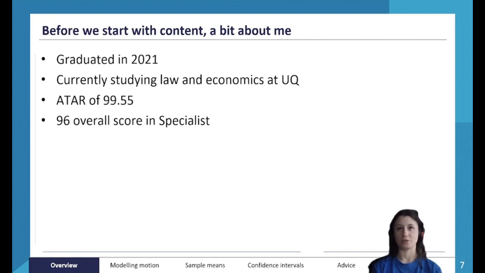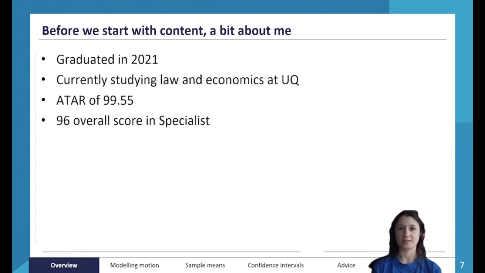What you should be doing is going through the syllabus, making sure there isn't anything you've missed, and also don't necessarily take the questions that have been asked in previous externals as the law of the land. Go through each of the syllabus dot points and make sure you've practiced complex questions for each of those dot points.